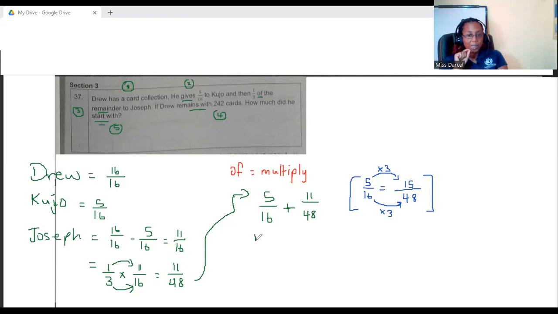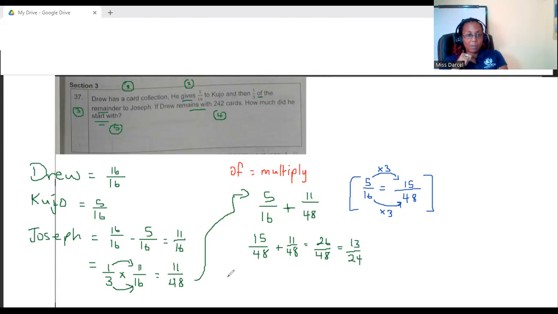So 5/16 turns into 15 over 48 plus 11 over 48 for a total of 26 over 48. Remember, we must always reduce or simplify our fractions. So that can be reduced by dividing by 2 into 13 over 24.